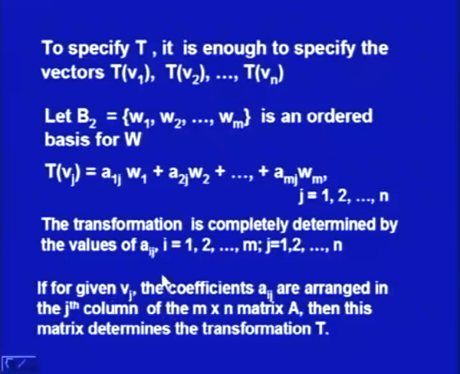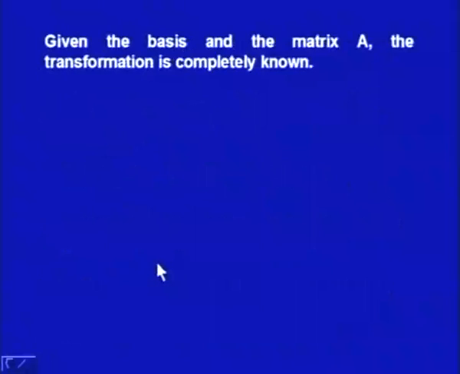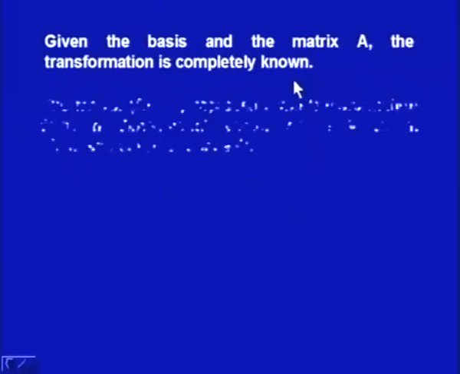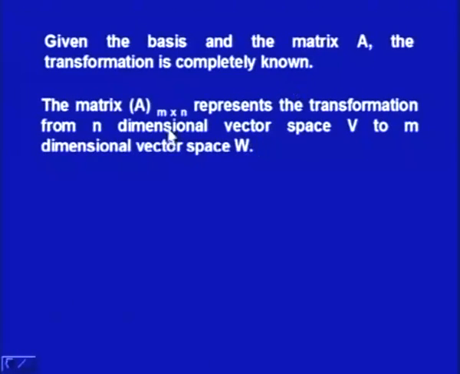So what we do is arrange these coefficients in the jth column for TVj, and that is what we have, the matrix A. So given the basis and the matrix A, the transformation is completely known. The matrix A will be an m by n matrix.